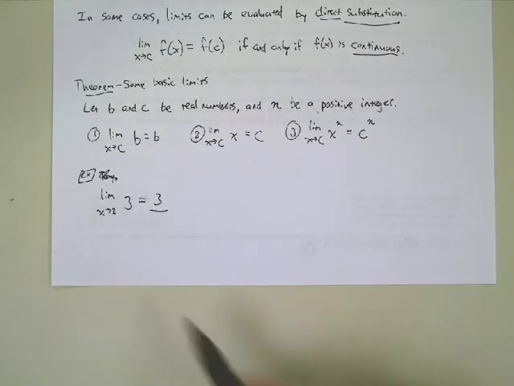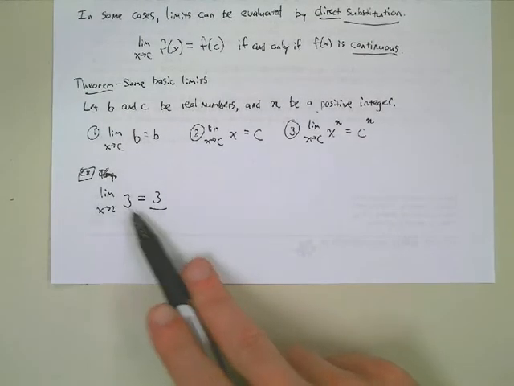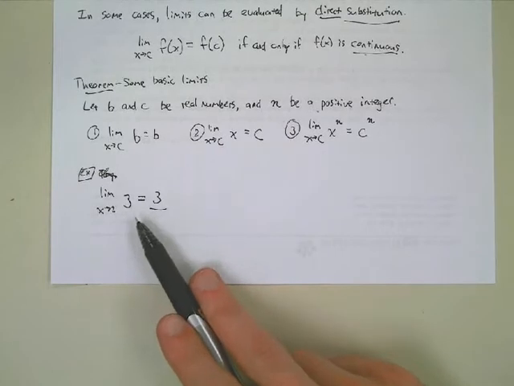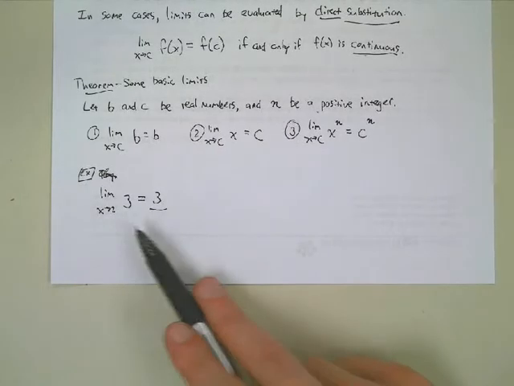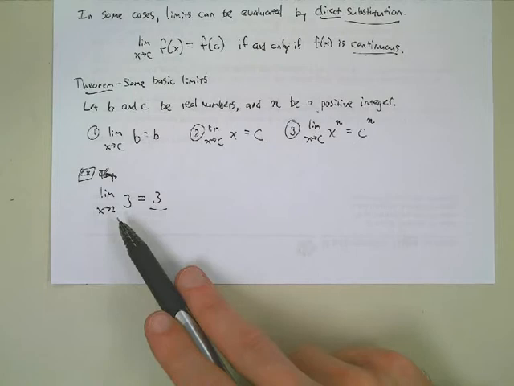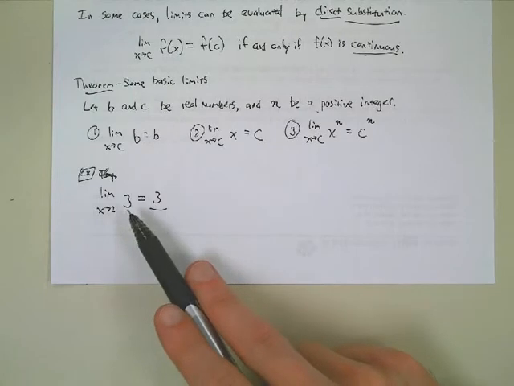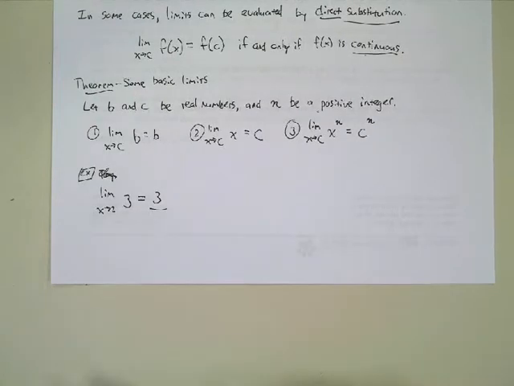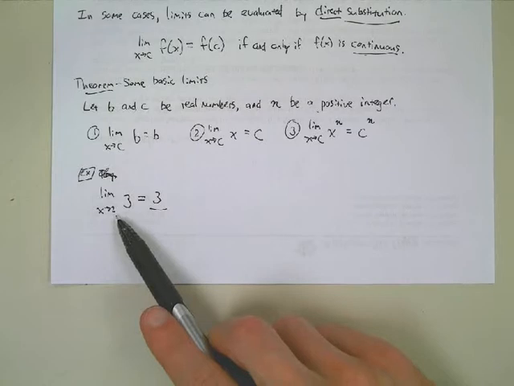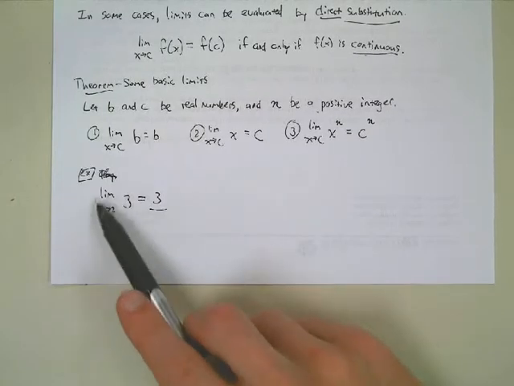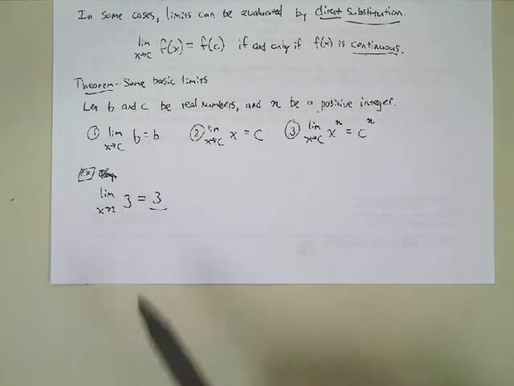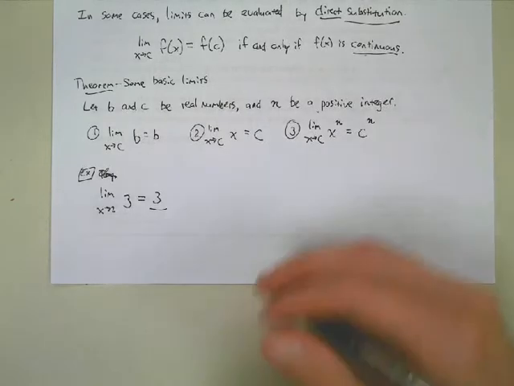Is there any x in here for me to plug that 2 into? No. So this fact that x approaches 2 of 3, who cares? It's got to be 3. The limit as x approaches pi of 3 is 3. The limit as x approaches 100 of 3 is 3. It doesn't matter, there's no x to plug into there.